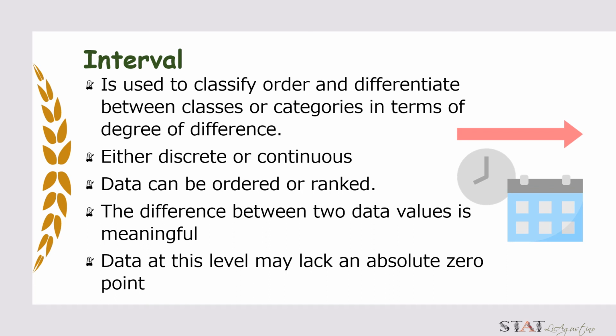But the difference between two data values is meaningful. Unlike in ordinal, with the first and second, where it doesn't matter what the interval or difference between the two data values is, in an interval it is meaningful. And data at this level may lack an absolute 0 point.